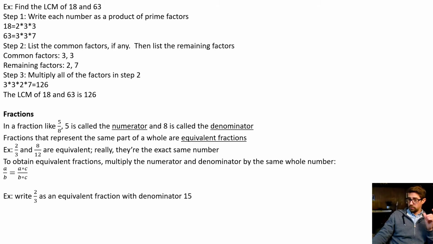So 2 times 5 is 10. That's the key number that gets us from 2/3 to whatever 15ths. So do the same thing to the numerator and the denominator. As far as multiplying, that's always okay. And you get 10/15ths.